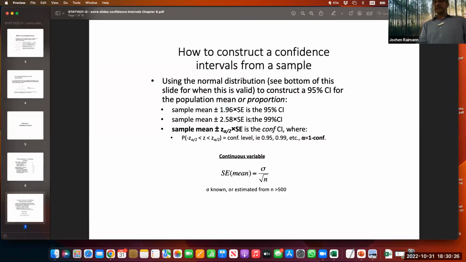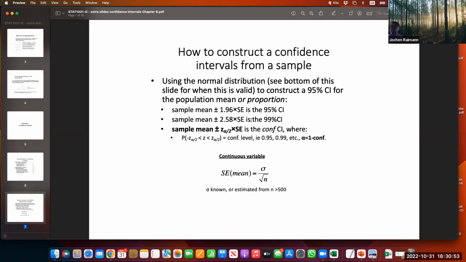And you can do the same with a 99% confidence interval, where you're just increasing the interval. You're going 0.05 on the left side and 0.05 on the right side, and that gives you a corresponding critical Z score of 2.58.